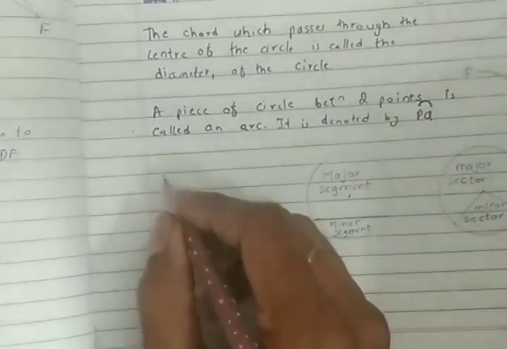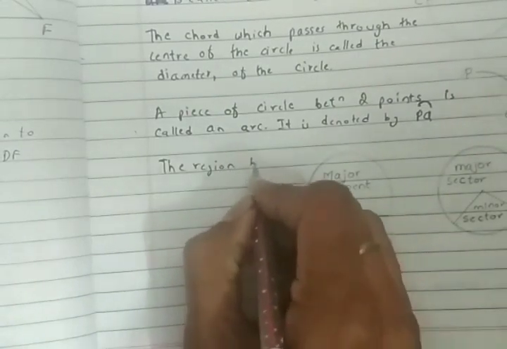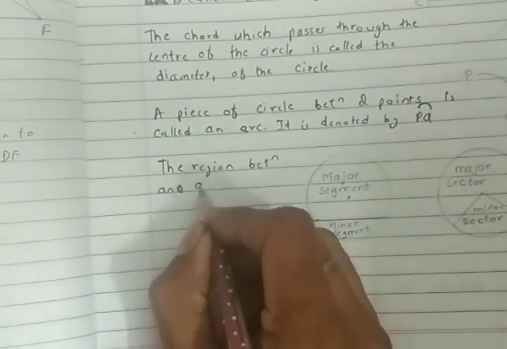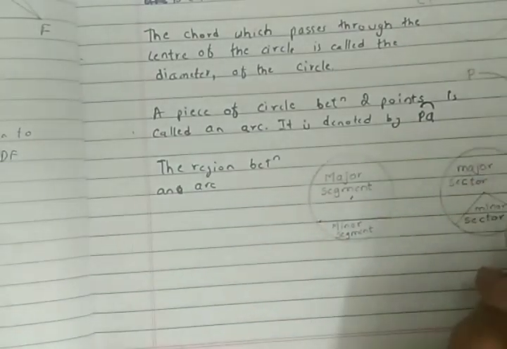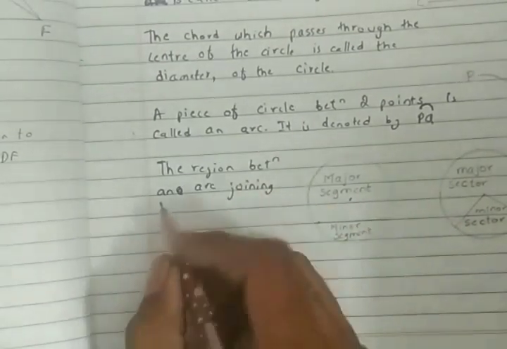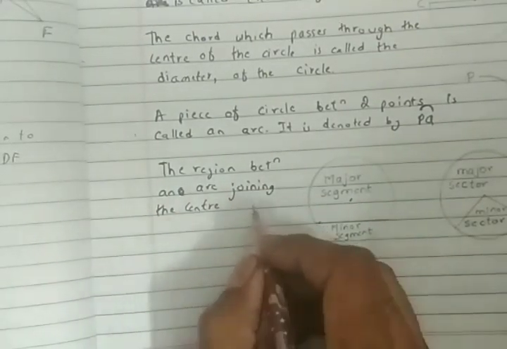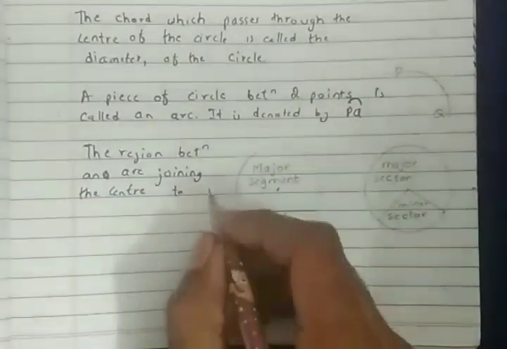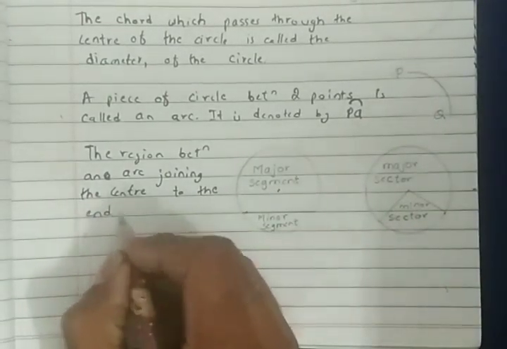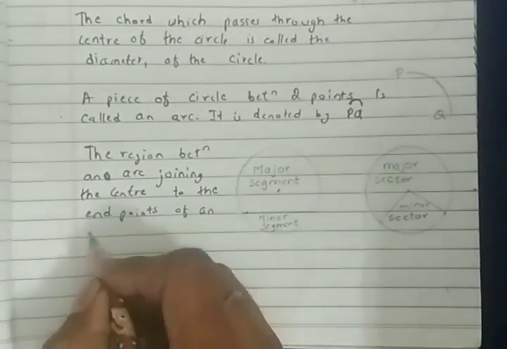Okay, we'll write the definition for that. The region between an arc, the region between an arc joining the center to the end points of an arc.